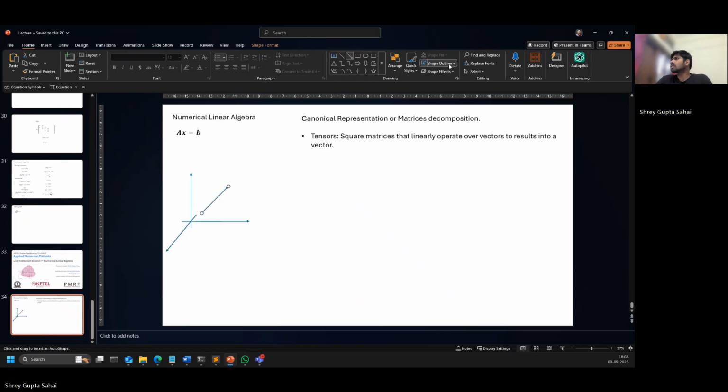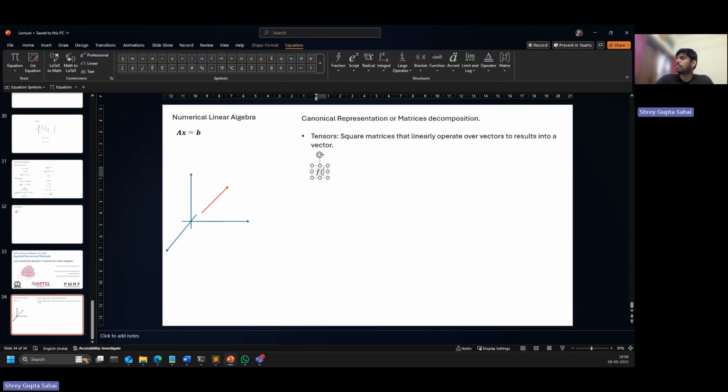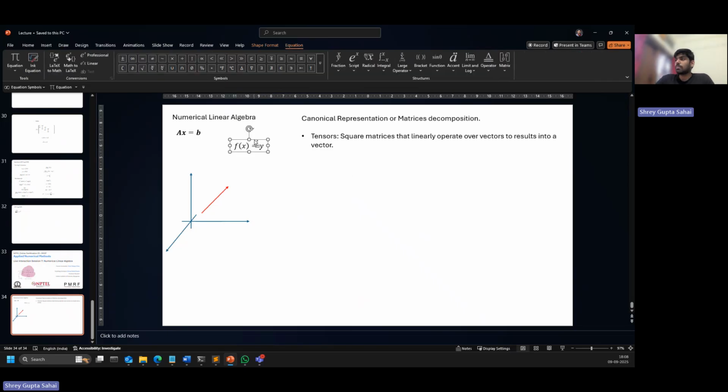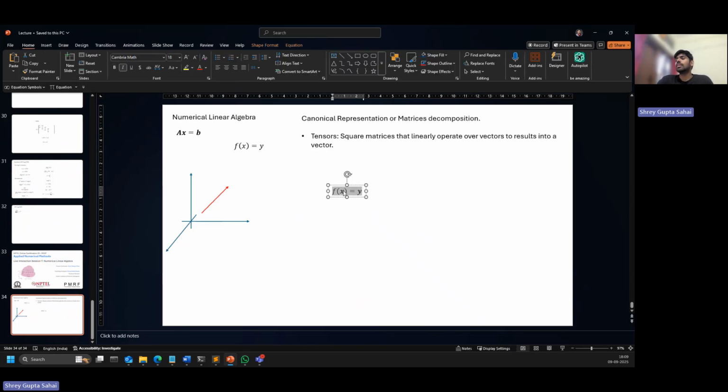So a function is essentially a mapping between x and y. But if we were to similarly map a vector to a new vector, that can be done using a tensor, if this is a linear map.